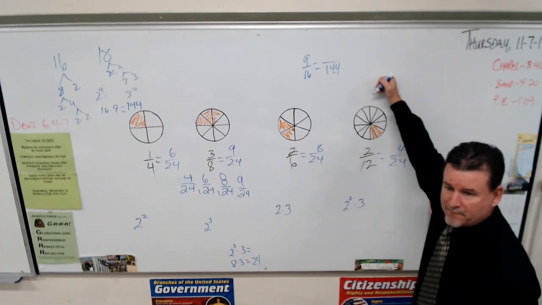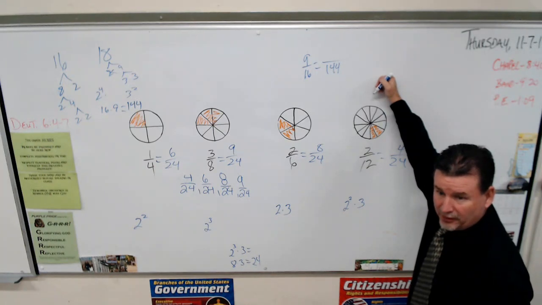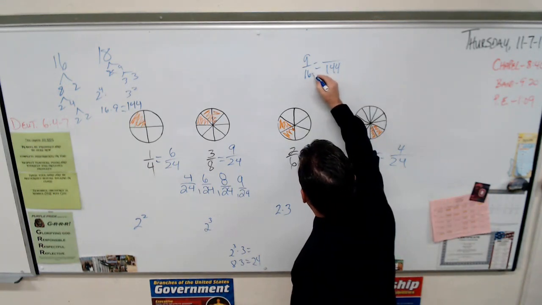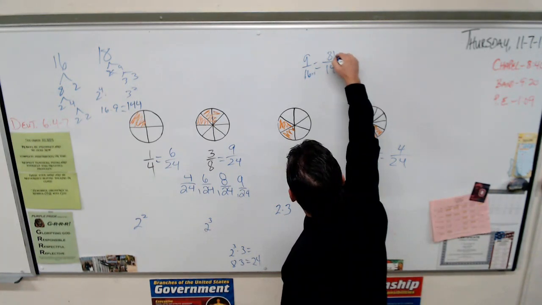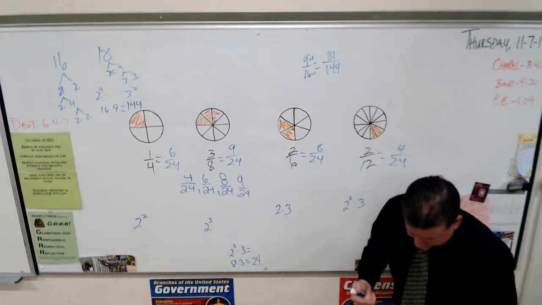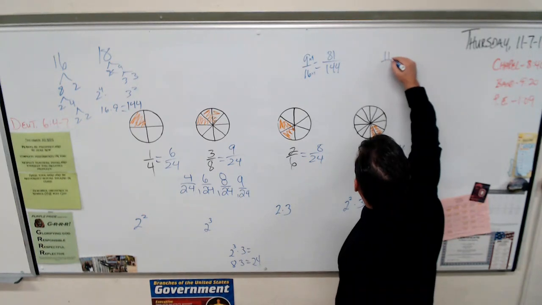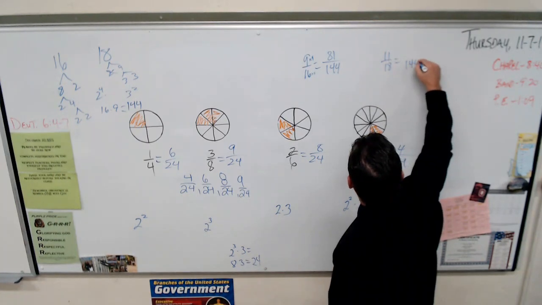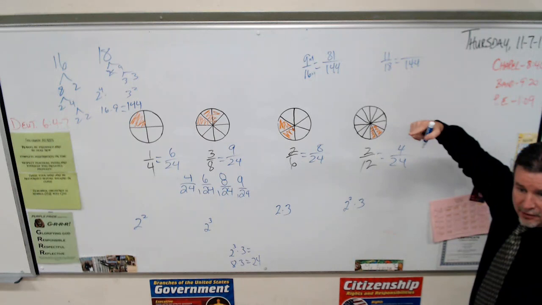Anybody? Yes? 81, because I had to multiply this by 9. And my other denominator was 18. 11/18 is how many over 144? Yes? 99.